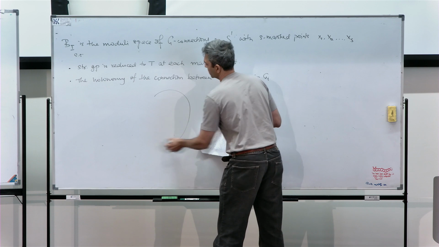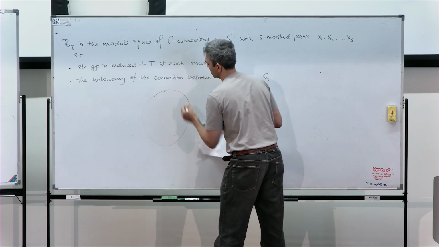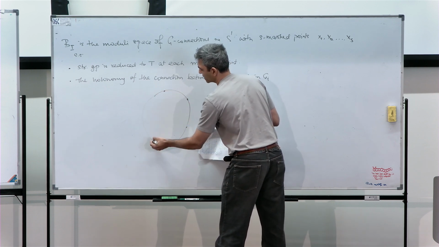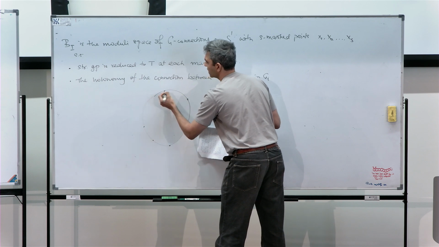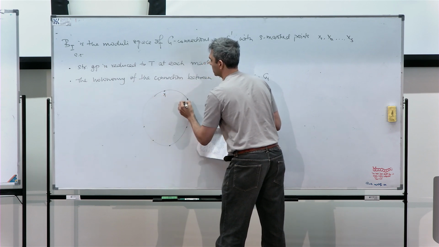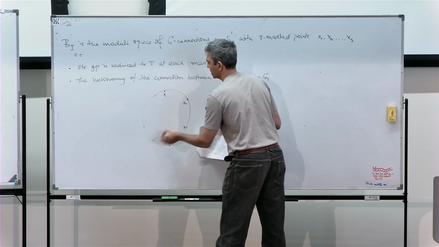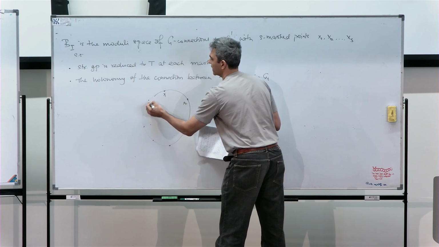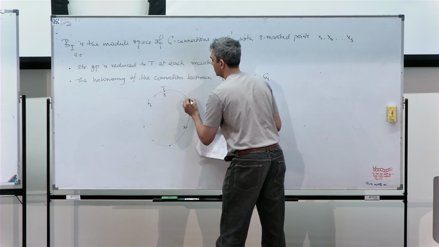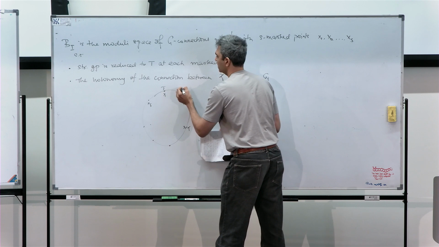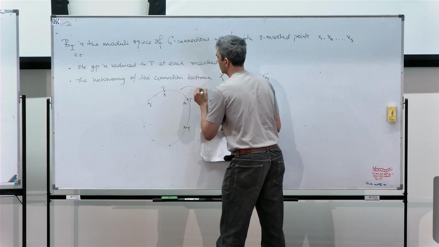So here's the picture. I have G connections on a circle. This is x1, this is x2, x3, all the way up to xs. The structure group is T at every point. And here, holonomy.